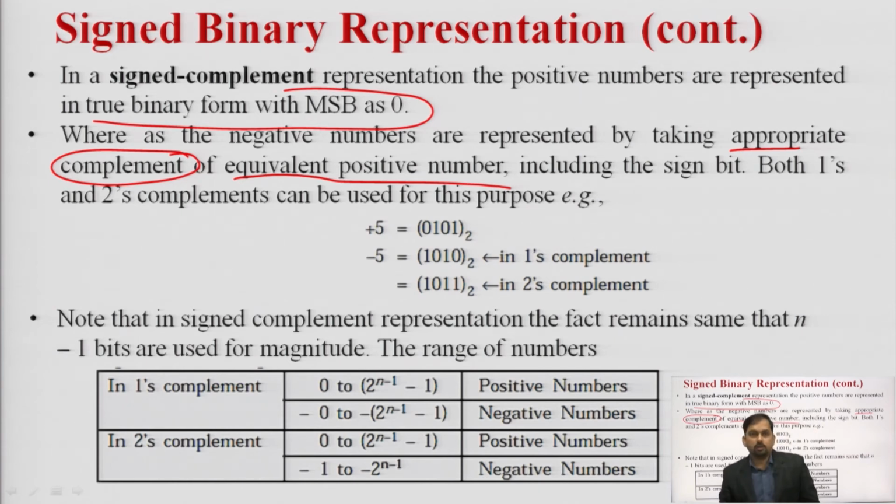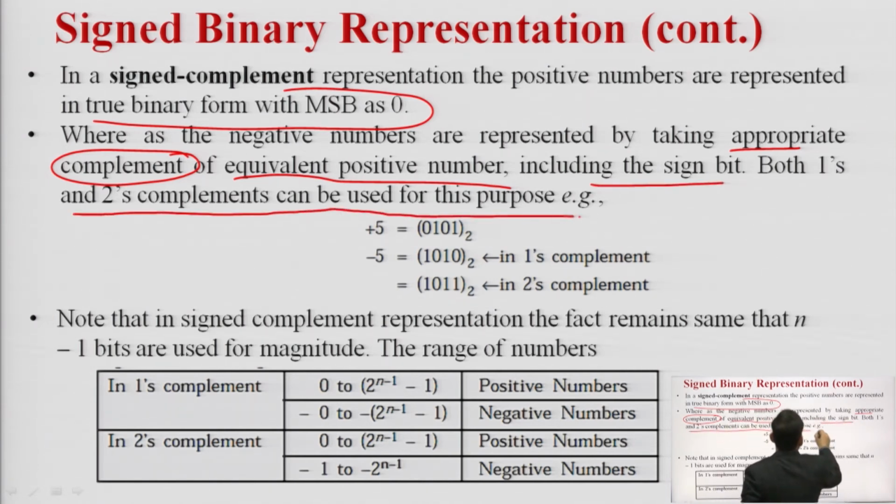We will use the complement methods we have seen, the ones complement form and the twos complement form. Including the sign bit, both the ones and twos complement can be used for this purpose. For example, if we have plus 5, plus 5 means 0 and 5 corresponding to 101.